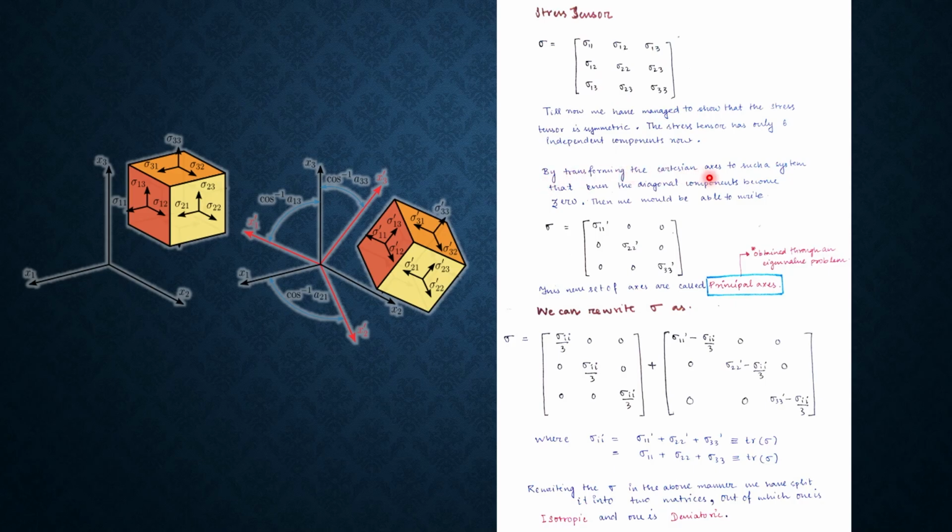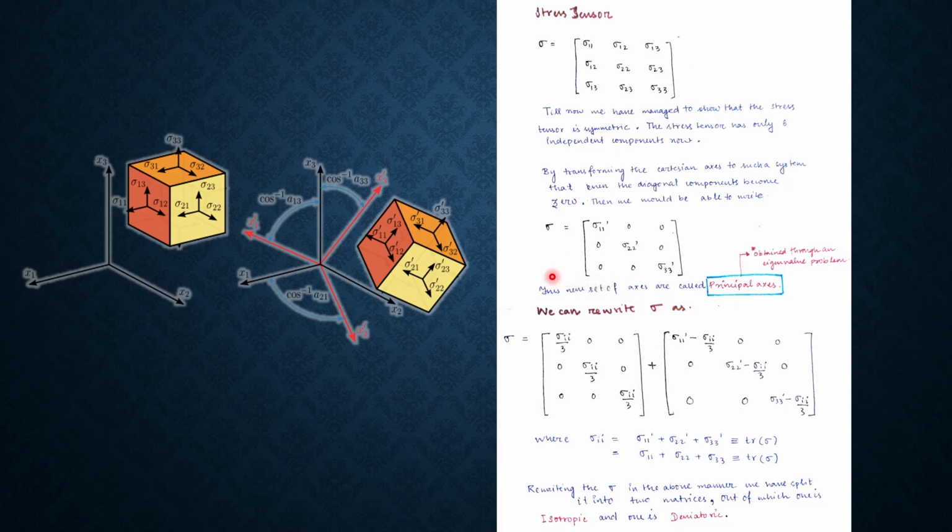By transforming the Cartesian axis to such a system that even the off-diagonal components are 0, we can write that sigma equals sigma 11 dash 0 0, 0 sigma 22 dash 0, and 0 0 sigma 33 dash. So how this is done is, it is done through an eigenvalue problem by finding these principal values, and then we change this whole tensor to the basis vectors defined by the eigenvectors that we obtain from this matrix.